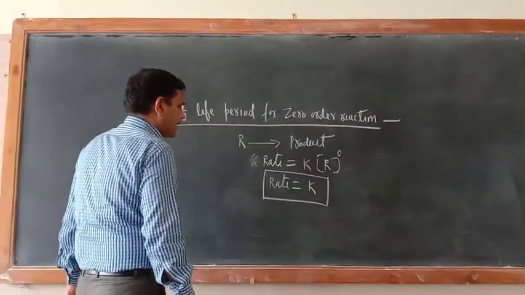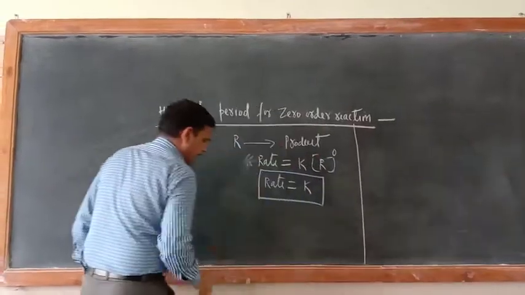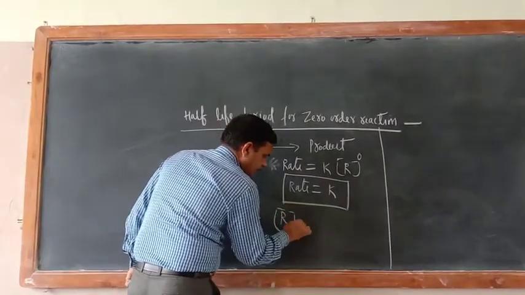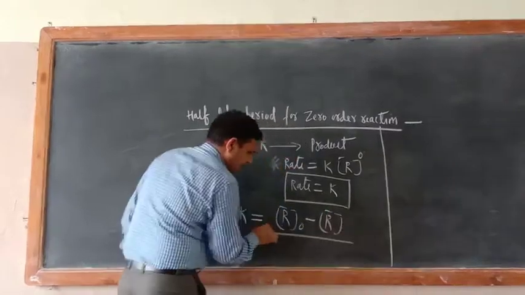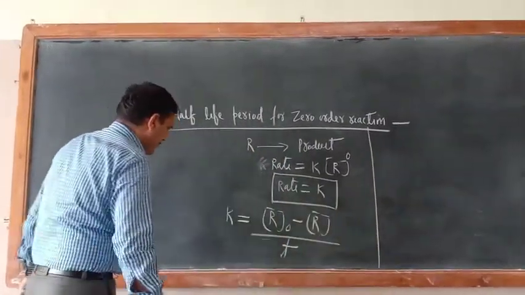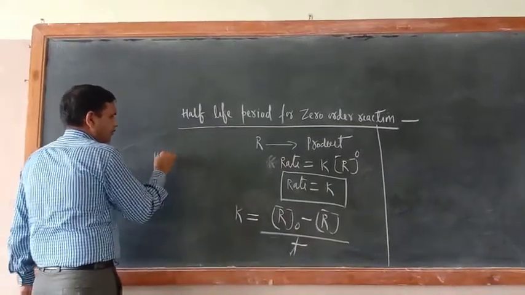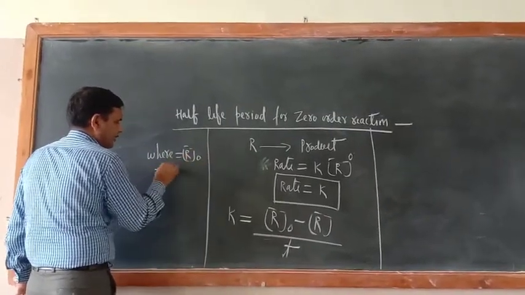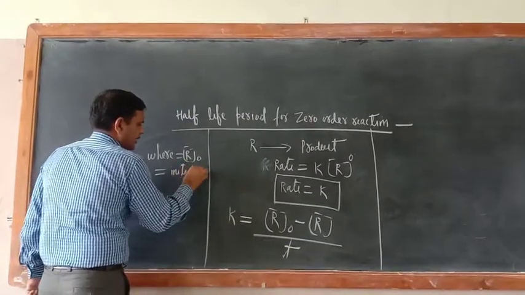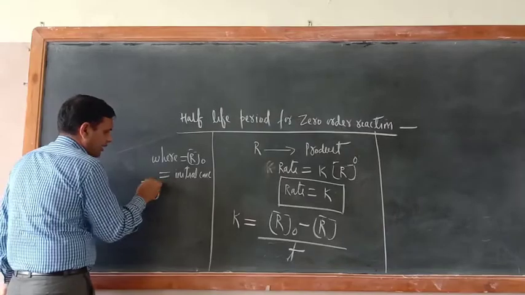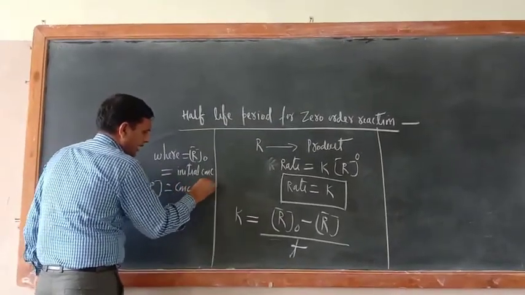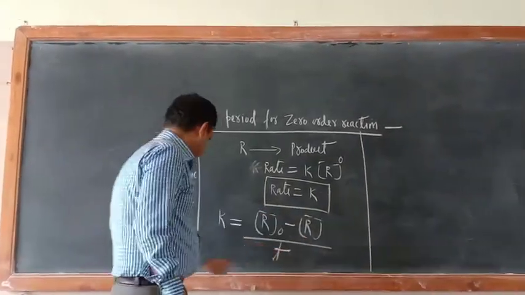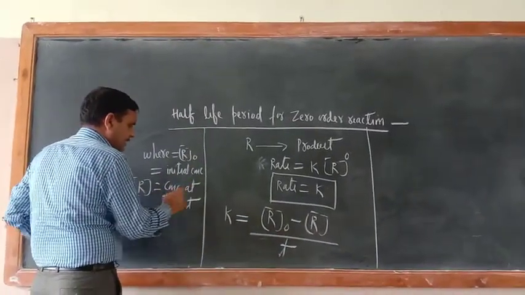And what is the integrated rate equation for the zero order reaction? k equal to R0 minus R divided by t, where R0 equal to the initial concentration and R equal to the concentration at time t.